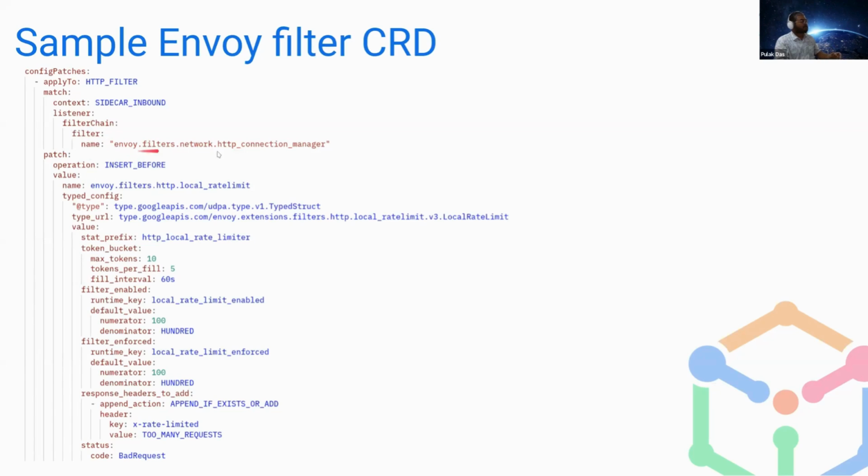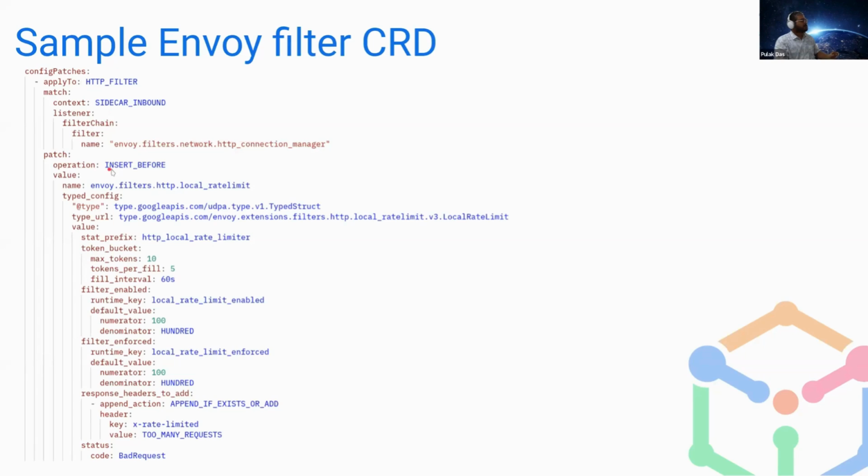One of the main filter chains is the HTTP connection manager, which does all of the routing, and all of the behavior that you expect from Istio is usually performed in the filter chain that contains this filter. So what we are doing is selecting the filter that contains this HTTP connection manager name.